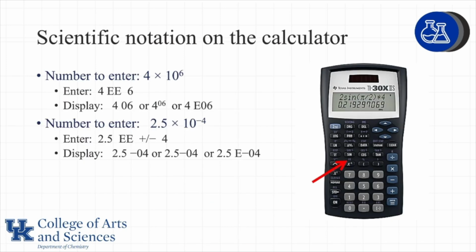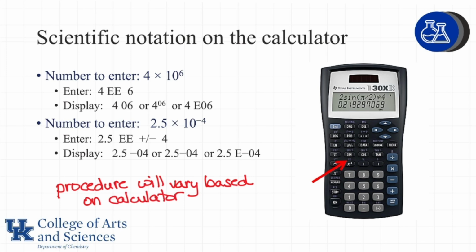When entering numbers in scientific notation on your calculator, you want to make sure you do it the correct way so that when you do calculations, it's doing the calculation you want it to do. So notice that I've got the TI-30X2S model here, and that's the description I'm going to give. It's going to vary a little bit based on your calculator model. There's a couple of things you can do.